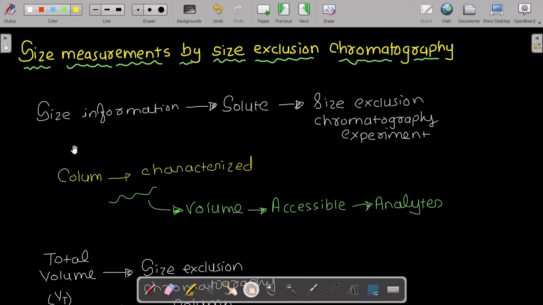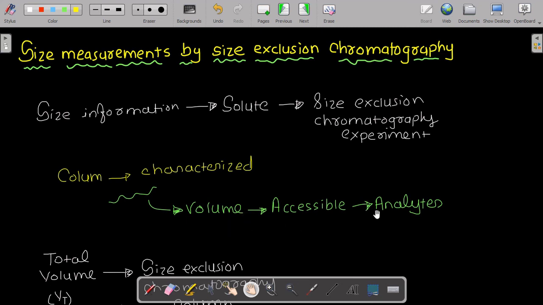In order to obtain information about the size of a particular solute by doing size exclusion chromatography experiments, the column we are going to use should be characterized in terms of its volume that is accessible to the analytes.